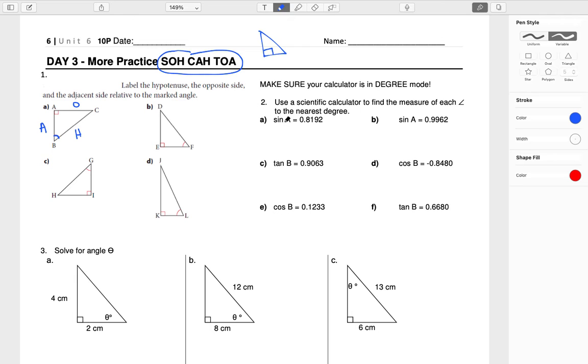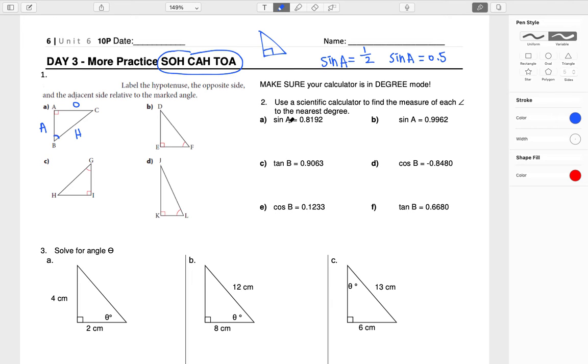So let's say we're given sine A is equal to 0.8192, the ratio. So we've been writing sine A or sine X is equal to, let's say, 1/2. So another way to write 1/2, you could write it as 0.5. Instead of a ratio, you could write it in decimal as well.